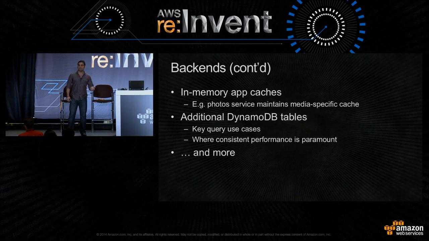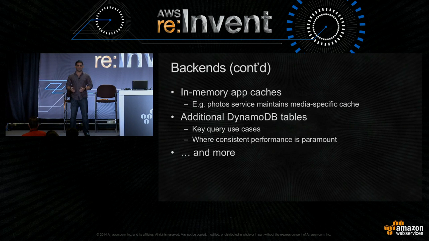And an example would be population of a UX from a particular query. In this case, DynamoDB meets this need well because the performance of queries is extremely predictable, it's linear, and the cost is also extremely predictable. It's more expensive, of course, and it is not flexible, but we can handle that by adding additional DynamoDB tables.